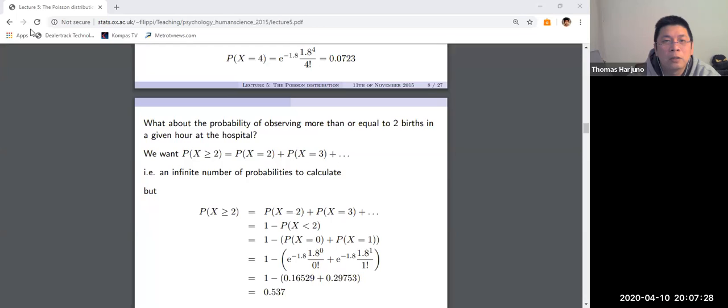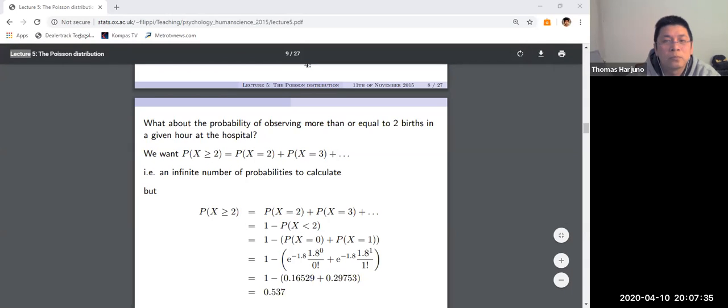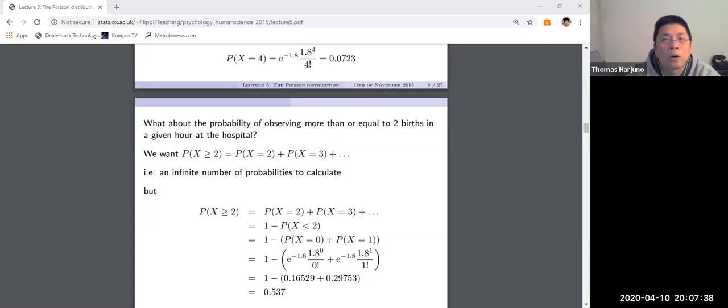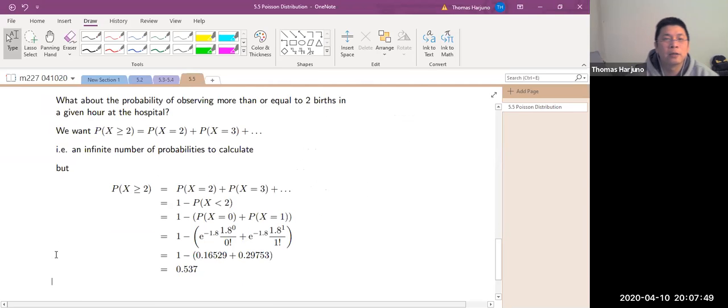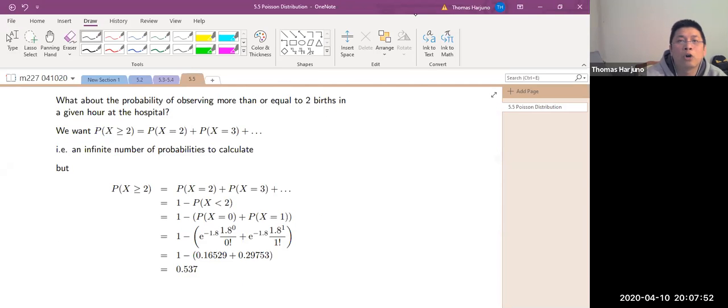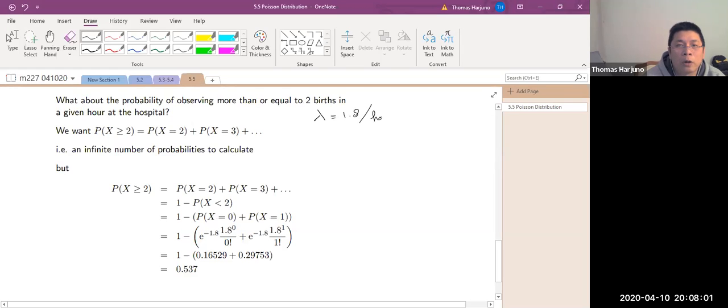Let me copy this and bring us back to our paper. Suppose we have that. You are now on my notes, right? And lambda equals 1.8 births per hour.